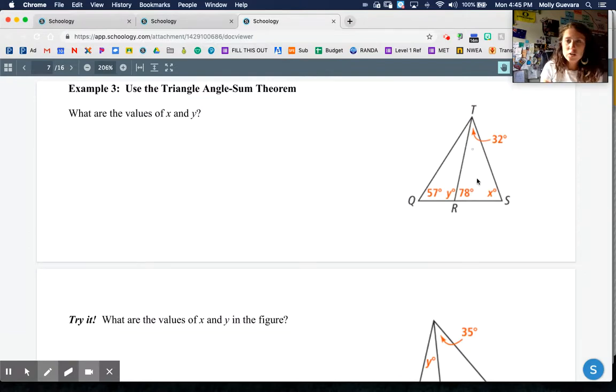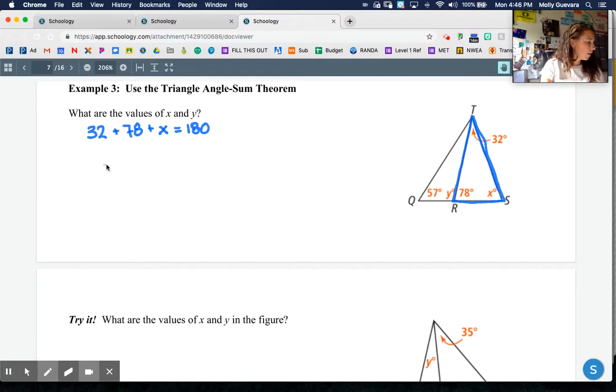So the first thing that I see here is this triangle. Hopefully we see that triangle. I know that this angle is 32, and I know that this angle is 78. So 32 plus 78 plus x equals 180, right? If I add up all three of those angles, I get 180.